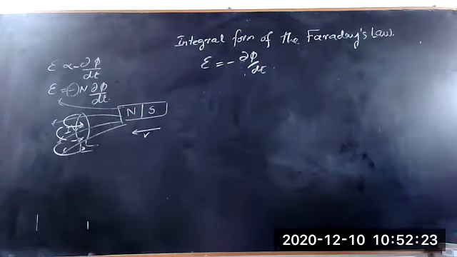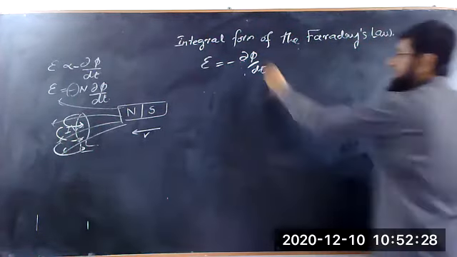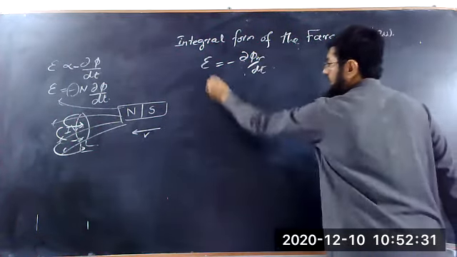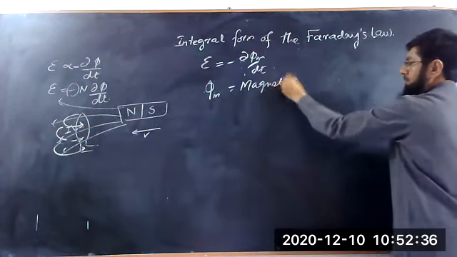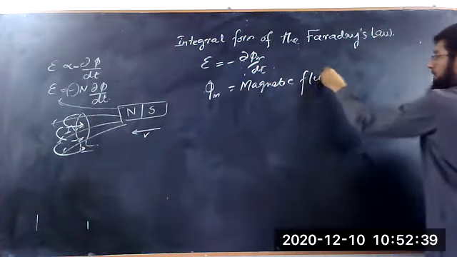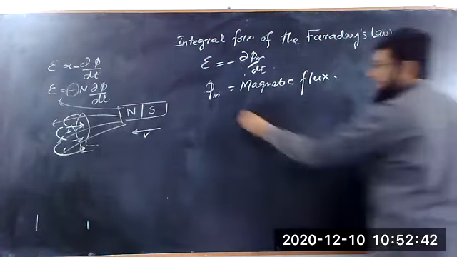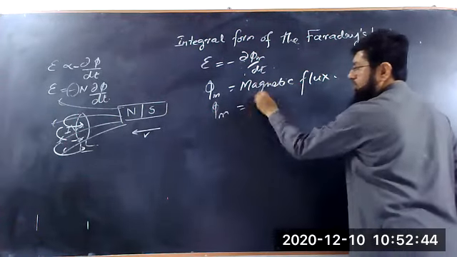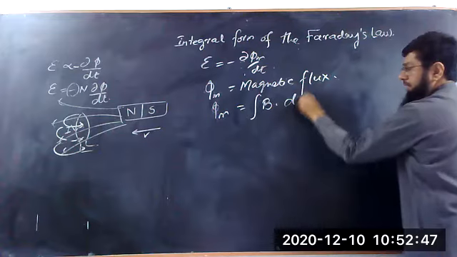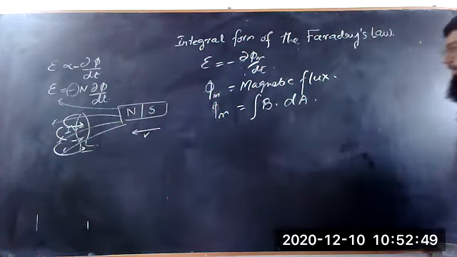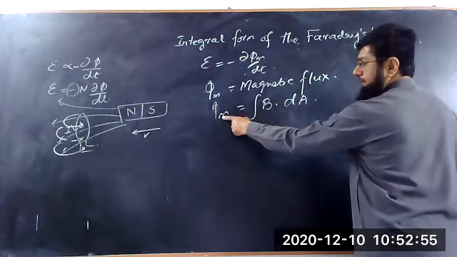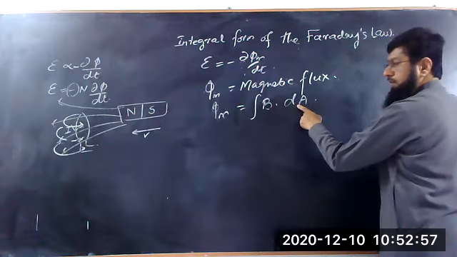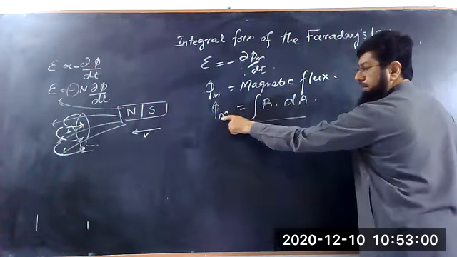This is known as Faraday's law. Here, phi is the magnetic flux. The magnetic flux is defined as the magnetic lines of force passing through a unit area. dA is the area, and the integral over dA gives the total area. So B is the magnetic field passing through a unit area, and the product of these two gives the magnetic flux.